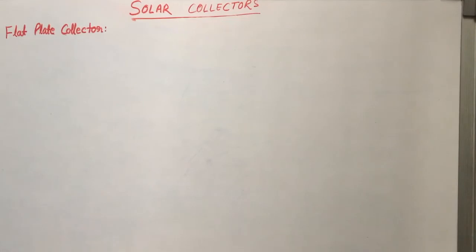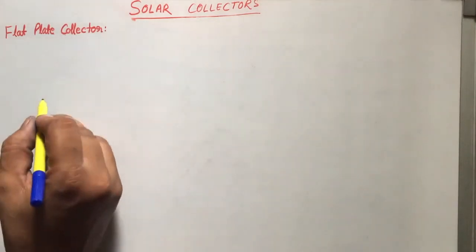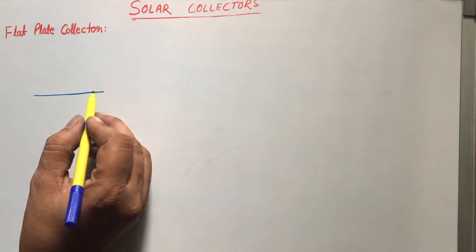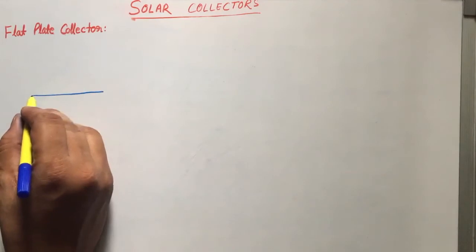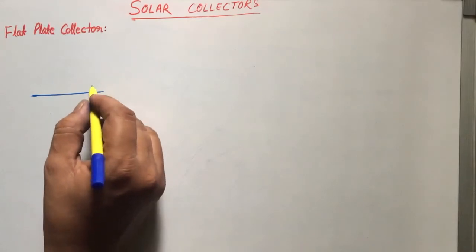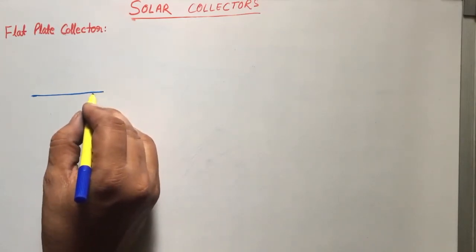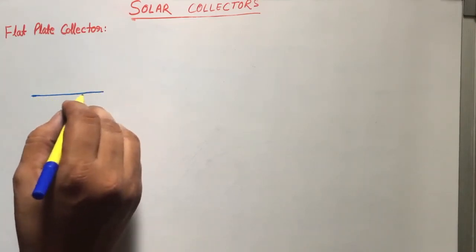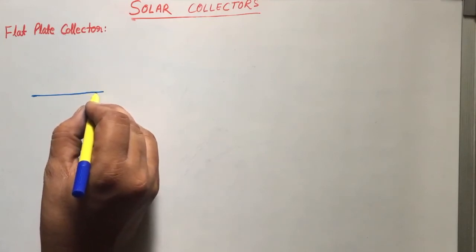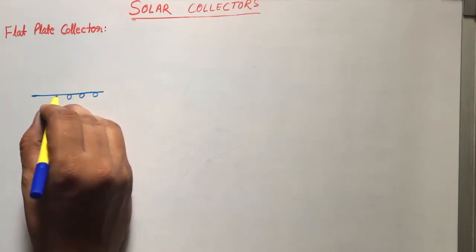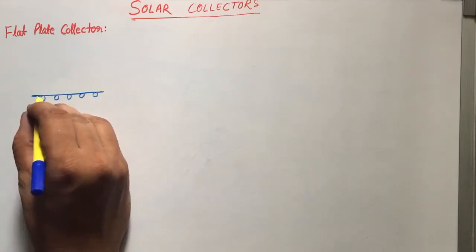Now we will discuss flat plate collectors, and from the name itself, this is the collector surface at which radiations are coming, and this surface absorbs the heat from the radiations, and that heat is absorbed by the tubes.